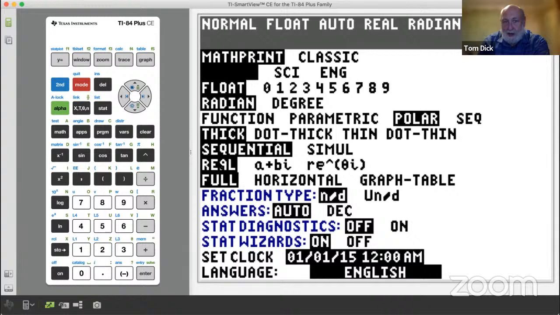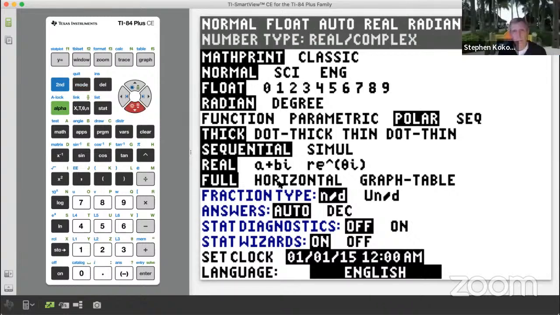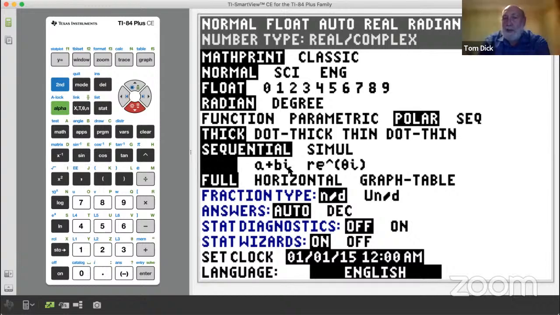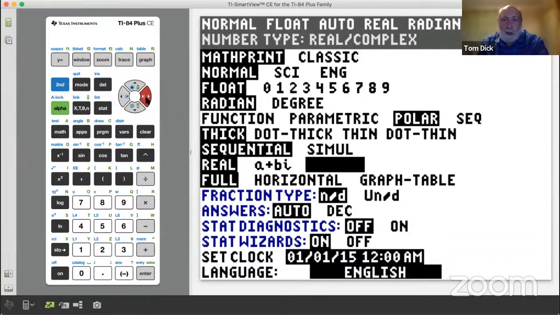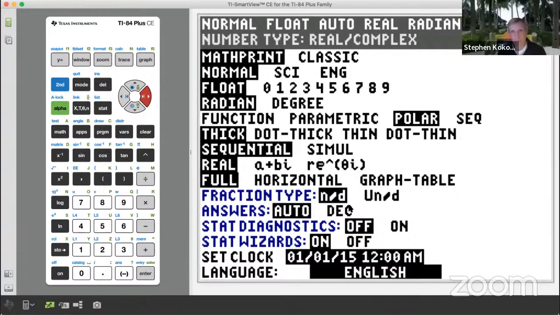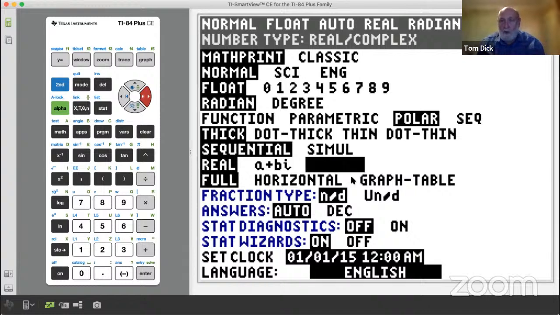Keep going down until I get to this row that has real, a plus bi. That's a complex number form. But there's a second complex number form that's related to the one you just did, that says r e to the theta i. That's also known as a polar form, but it's written using the exponential.